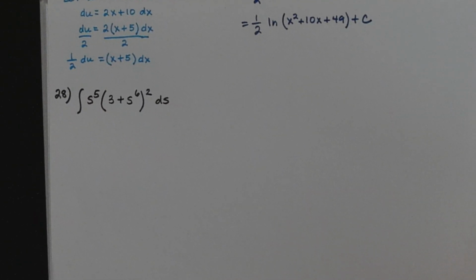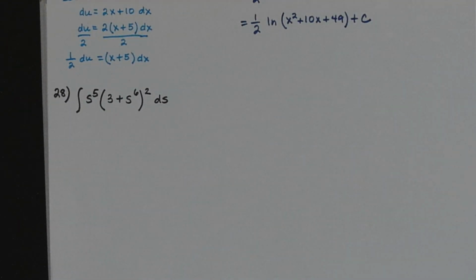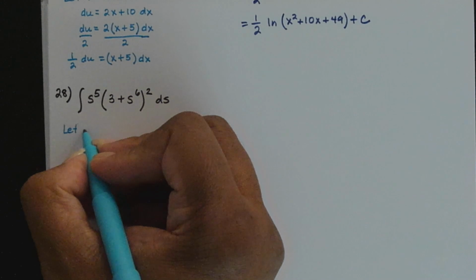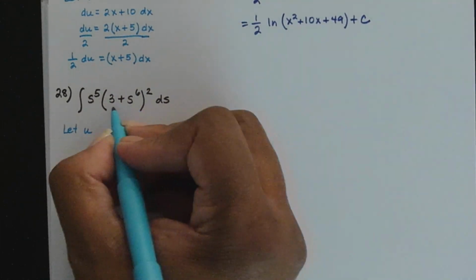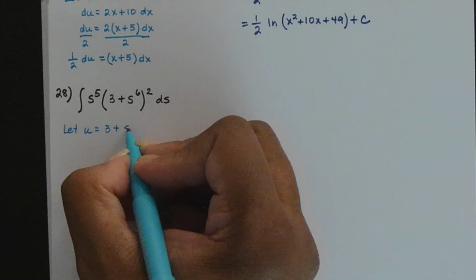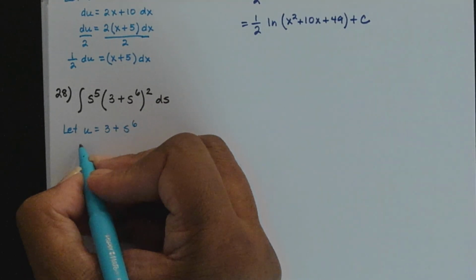All right, so now let's do some substitution here. Let's find out what we can assign u to be. So here I'm going to let u be what's in the parentheses. That'd be 3 plus s to the 6th.